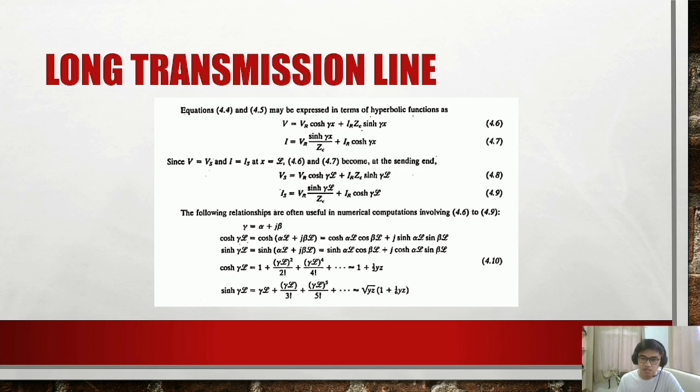And since V is equal to the voltage at the sending end and I is equal to the current at the sending end, at x equal to the length, the equations 4.6 and 4.7 become, at the sending end, the following. So to get the voltage and the current at the sending end, we will just replace x in equations 4.6 and 4.7 with l, and we get the equations 4.8 and 4.9.